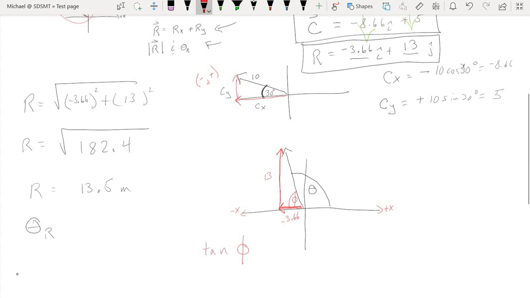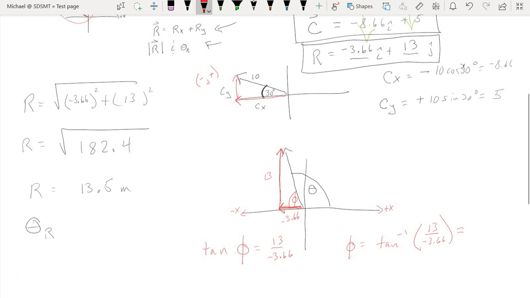The tangent of angle phi would be opposite over adjacent, and so phi would have to be inverse tangent of our 13 over our negative 3.66. Now, if you put that into your calculator, 13 divided by a negative 3.66 is going to result in a negative 3.55.